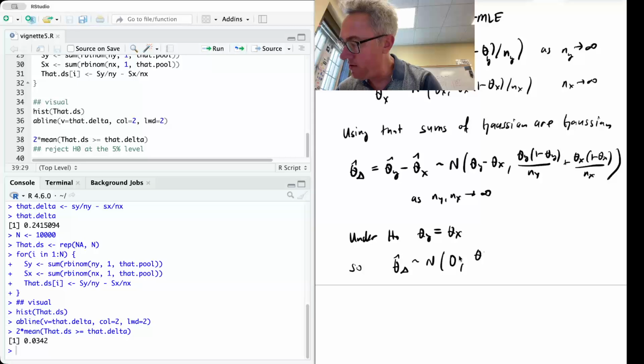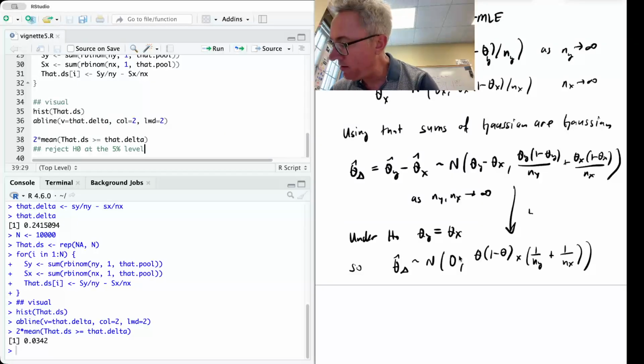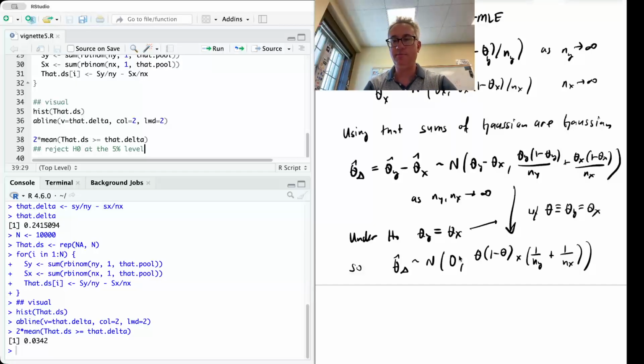So I've got theta times 1 minus theta, times, I make that mistake a lot, 1 over ny plus 1 over nx. Right, so I'm just copying this down with theta being the same thing as theta y and theta x under the null hypothesis.